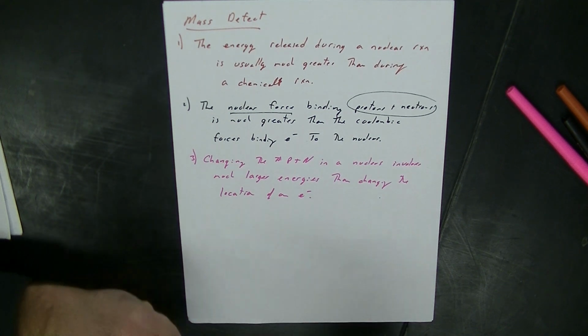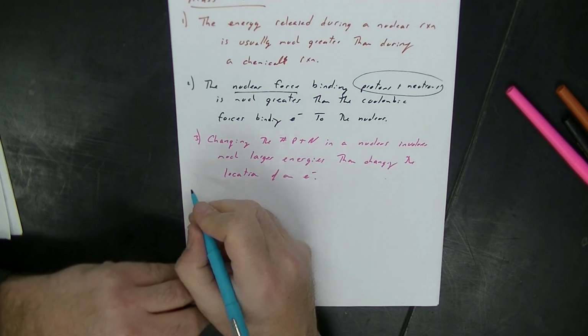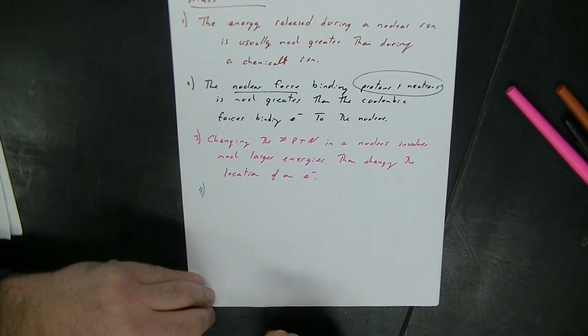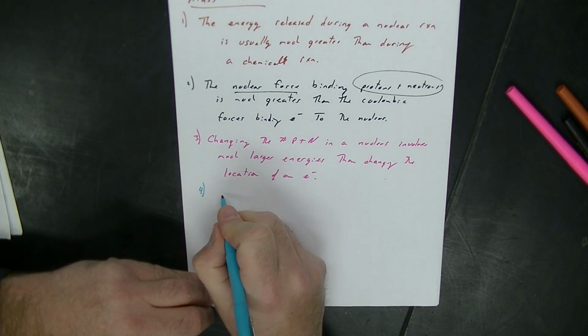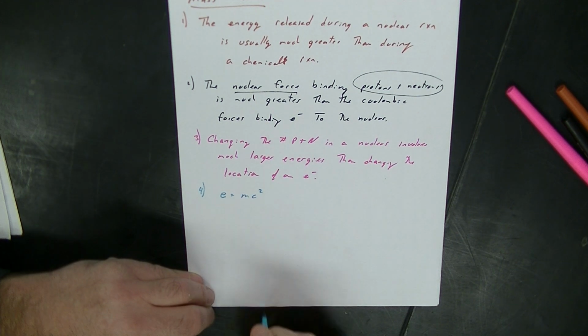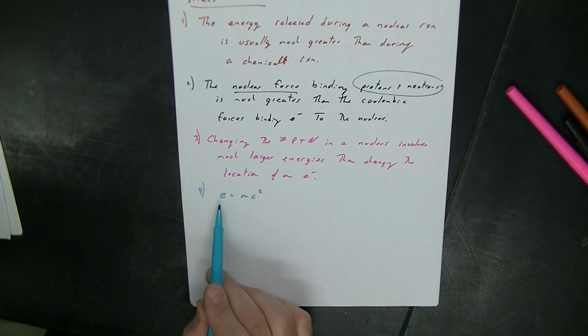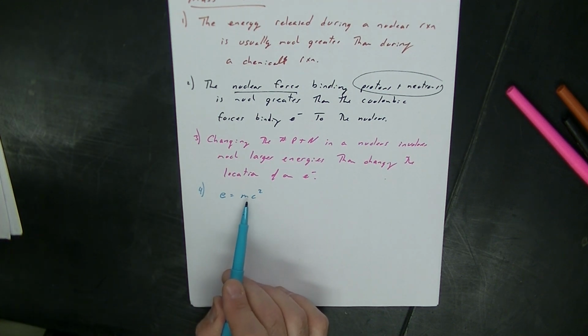What is the relationship that dictates the amount of energy that's released in a nuclear reaction? Well, it's that famous equation, E equals mc squared. This is Einstein's equation, the relationship between energy and mass.